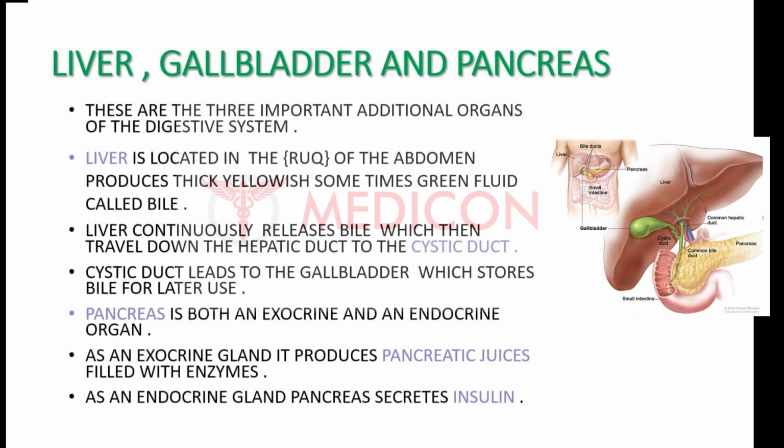The liver, besides producing bile, has several other vital and important functions. Some of these are keeping the amount of glucose in the blood at the normal level. The liver removes excess glucose from the bloodstream and stores it as glycogen in the liver cells.